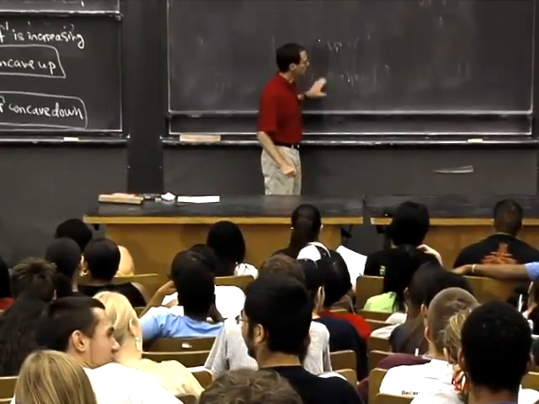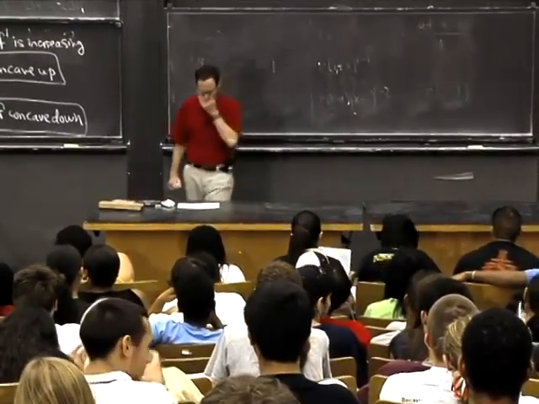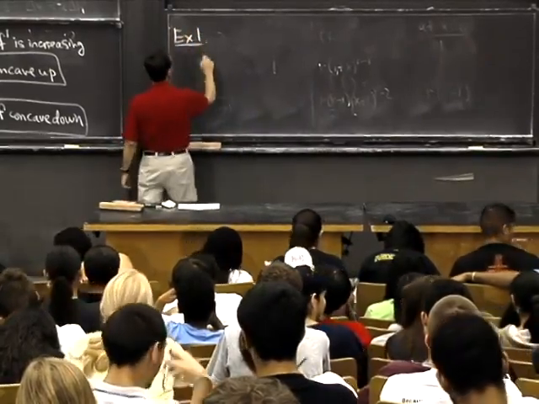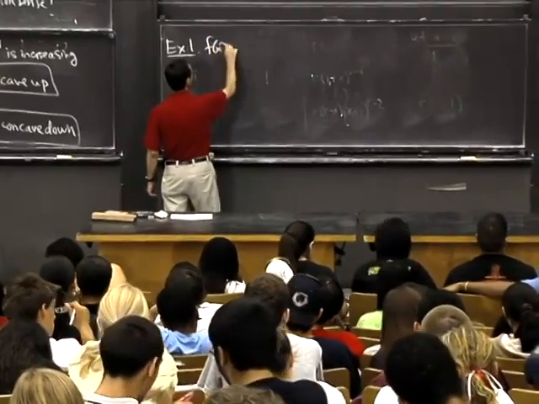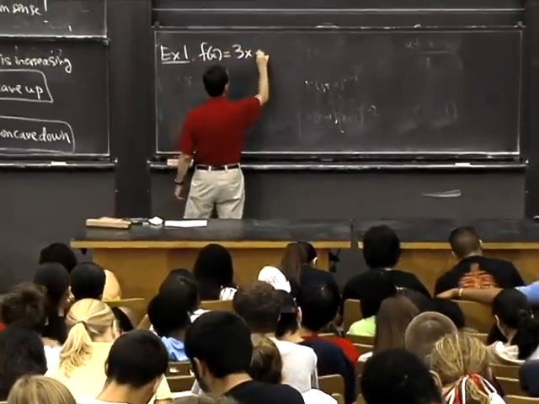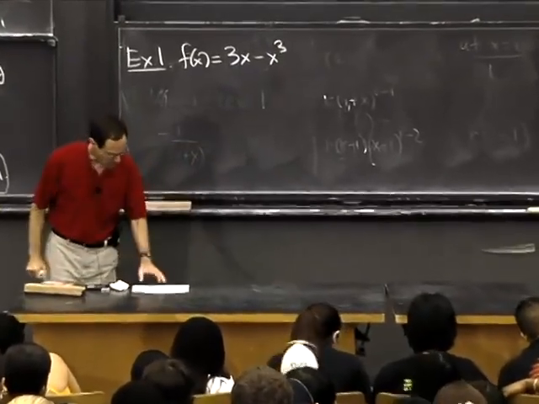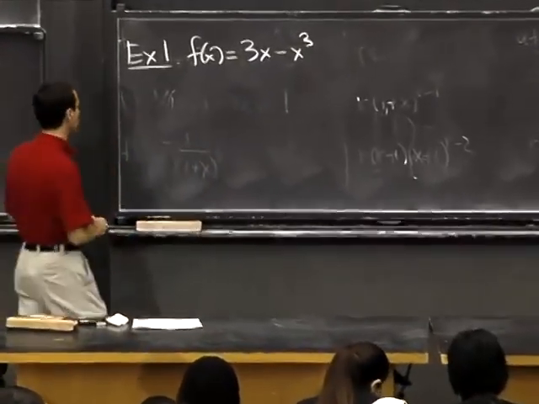So let's begin with a straightforward example. The first example that I'll give you is the function f of x equals 3x minus x cubed. Just as I said, to be able to introduce all the notations.